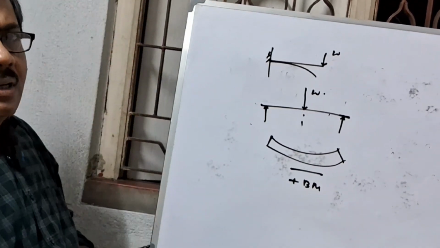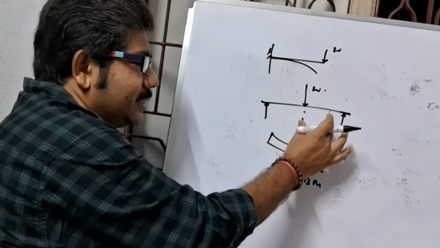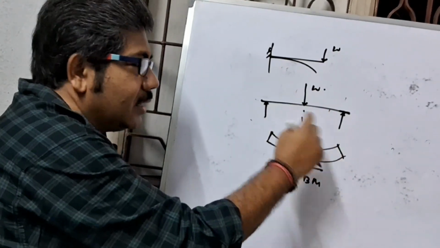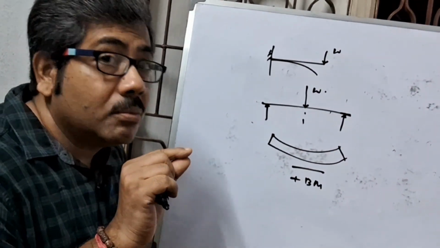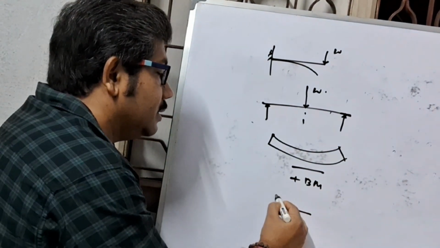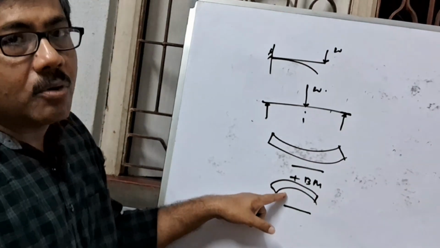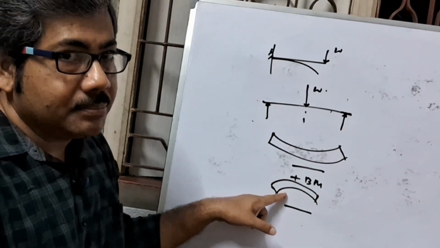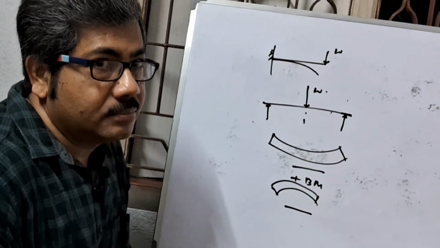And vice versa: if the beam is loaded in such a way that it bends at a point having curvature convexity at the top, in this way, then this type of BM is called negative BM, and negative BM is called hogging moment.